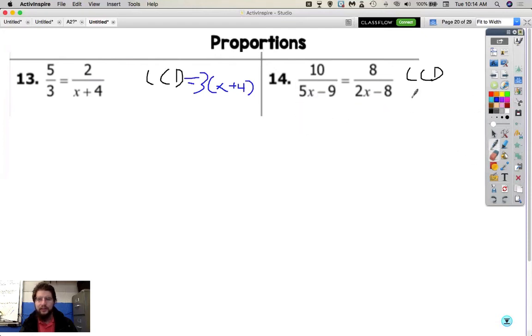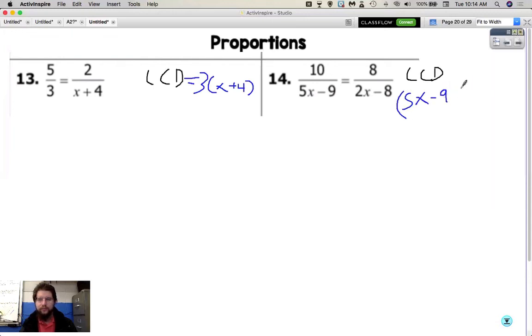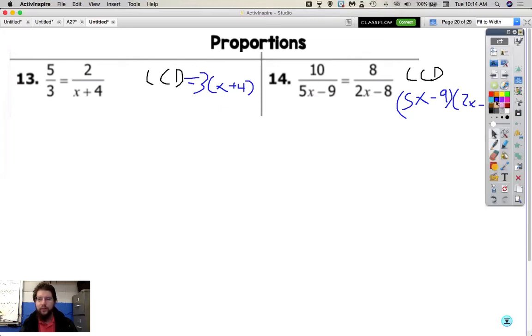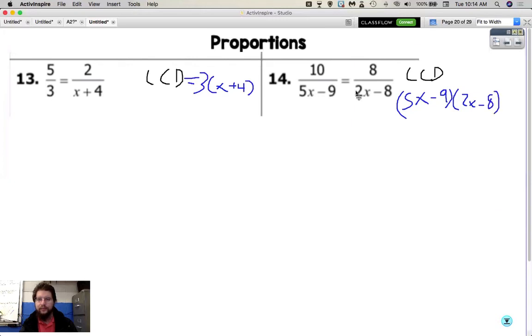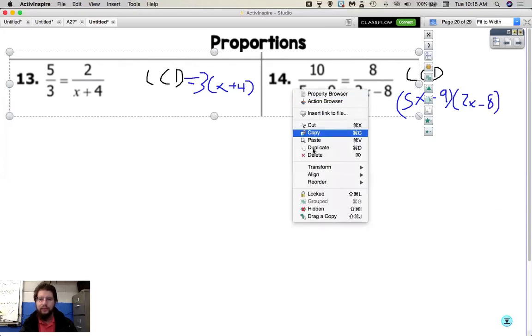So our LCD is just these two guys multiplied together. And so I'm going to multiply this times both of my terms.